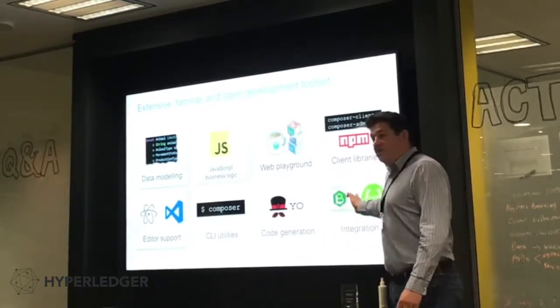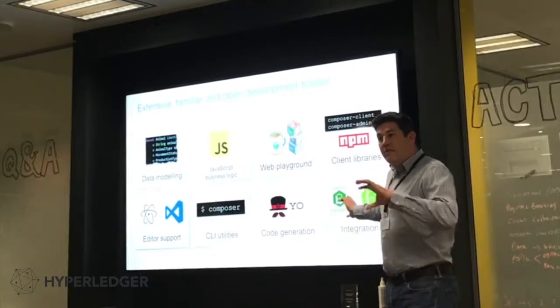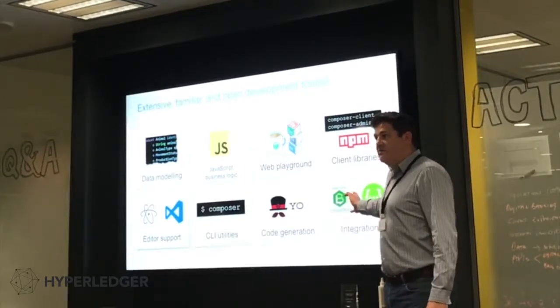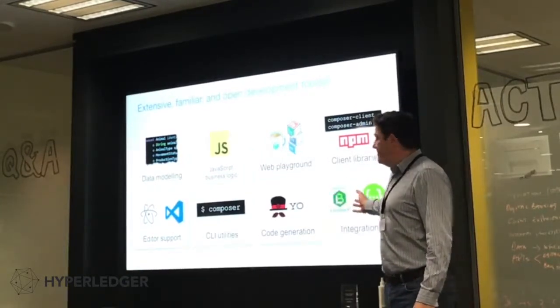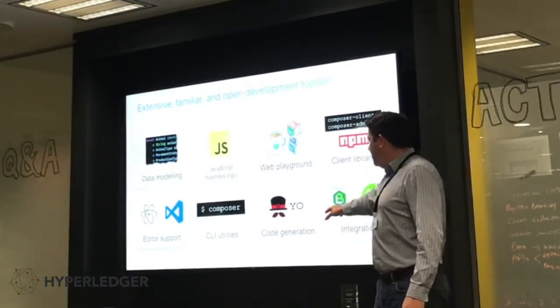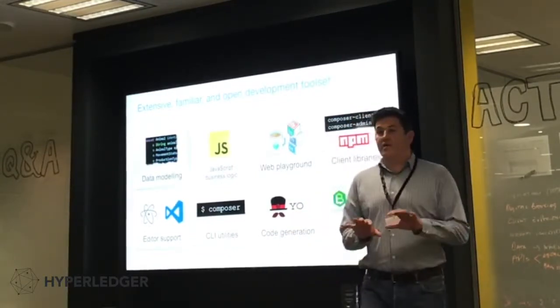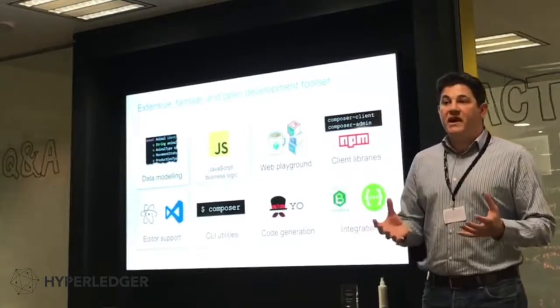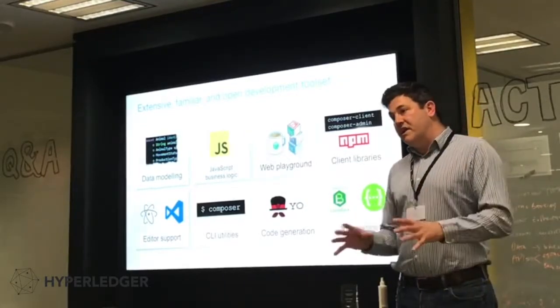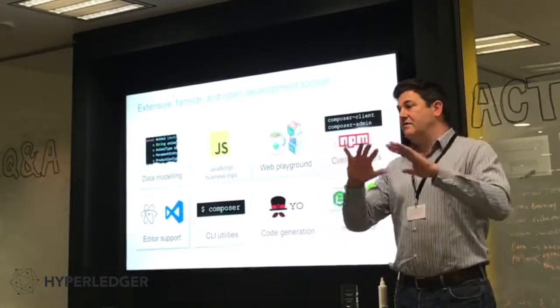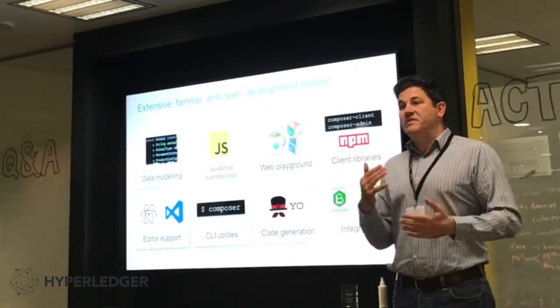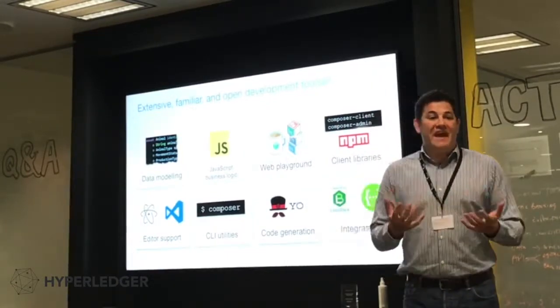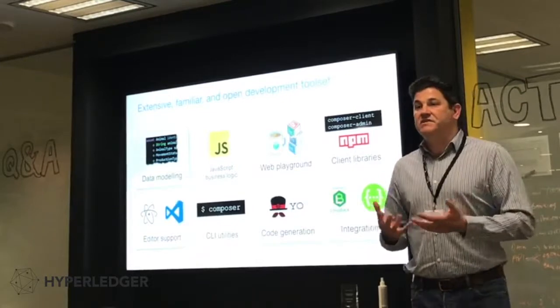So we use the open source LoopBack framework to bind this Composer solution and expose it as a REST service. And we use the Yeoman code generation framework so that after I've modeled my business network, I can run a code generator and we generate an Angular application to interact with that business network. And the Angular application is kind of ugly. It's a starting point, right?